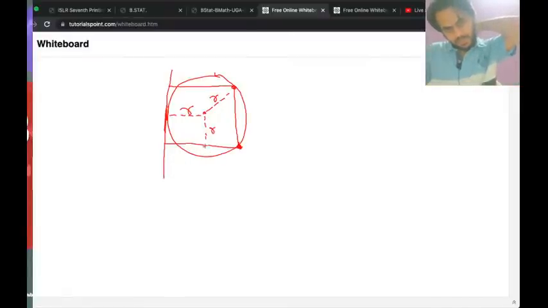Now what else can we do? How to find out the edge length? So this is your 90 degree, right?